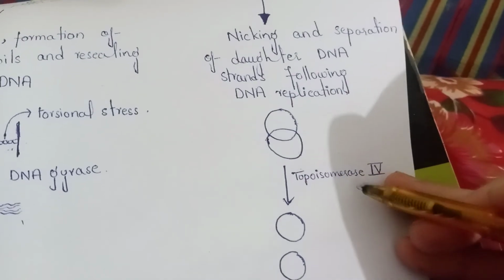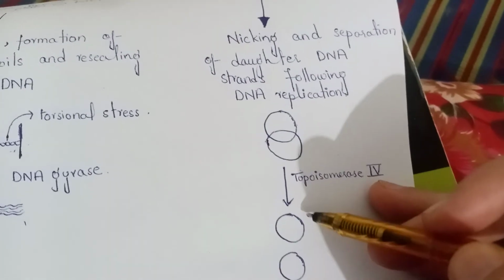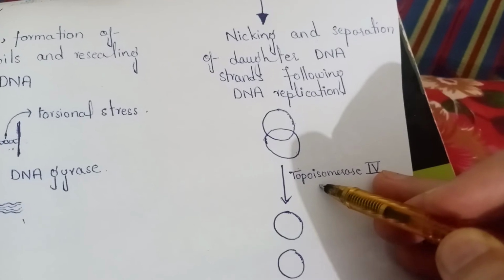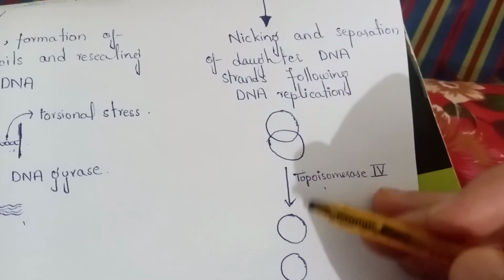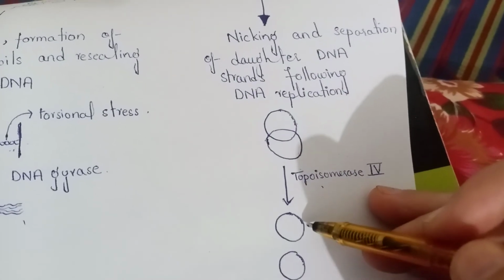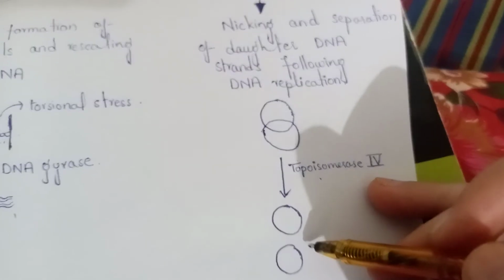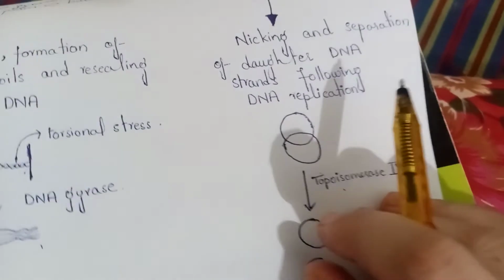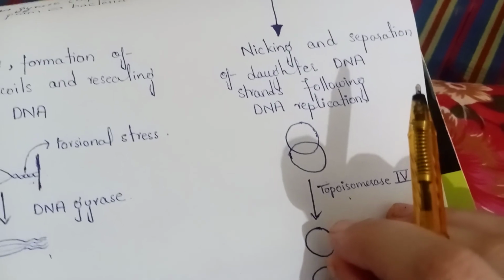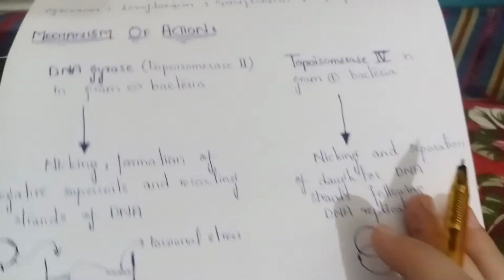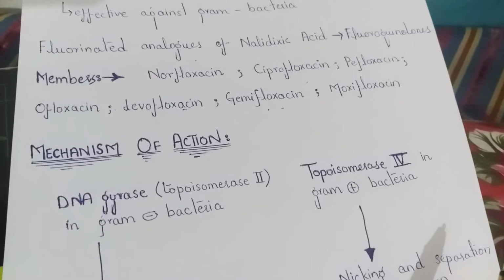Topoisomerase separates these two strands. If we inhibit this topoisomerase, there will be no separation of the strands and therefore no DNA replication. If there is no DNA replication, there will be no synthesis of DNA, and ultimately it will lead to bacterial cell lysis.